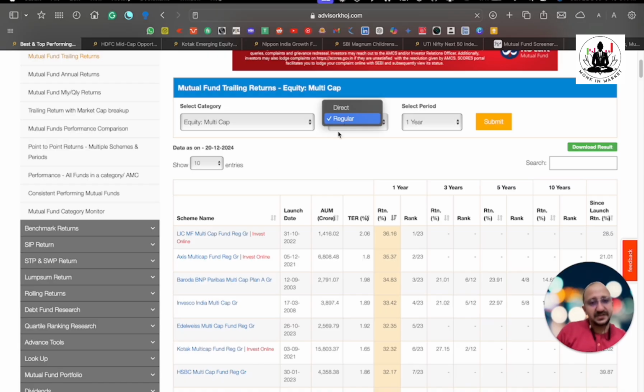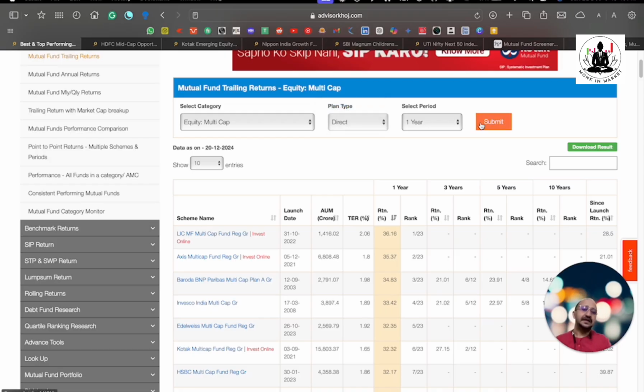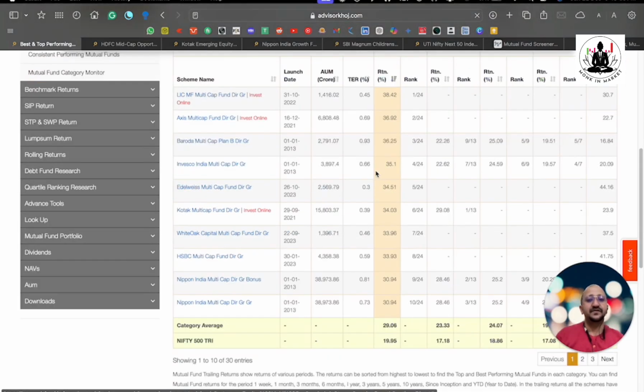So apart from the total expense ratio, the broker or the distributor will also charge their commissions. So your returns will go down. So it is always advisable to use direct plans, right? And go for the long run, guys. Spend some time in investment and then go for the long run. That would be more advisable.